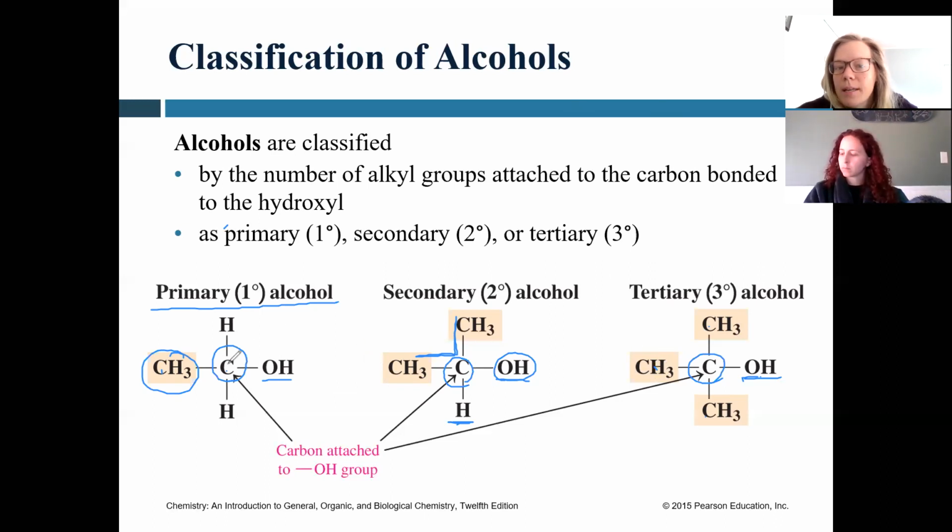When the carbon attached to the OH has hydrogens, we can do things with it. We can play around with it because these hydrogens are kind of easy to rip off. When you have a carbon that doesn't have any hydrogens attached to it, we can't play around with it. It won't react. So more reactive, primary; less reactive, secondary; not reactive, tertiary. And we'll look at some examples of that.